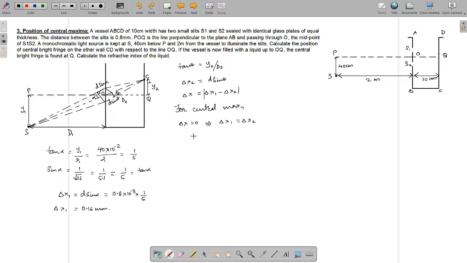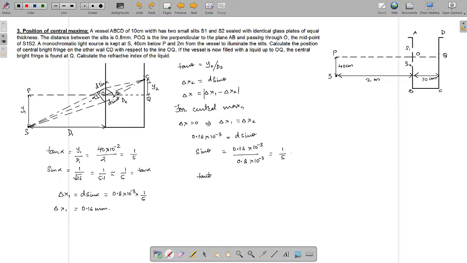So delta x1 is 0.16 into 10 to the power minus 3, that is equal to d sine theta. So sine theta comes out to be 0.16 into 10 to the power minus 3 upon d, which is 0.8 into 10 to the power minus 3, which comes out to be 1 by 5. So sine theta is 1 by 5.